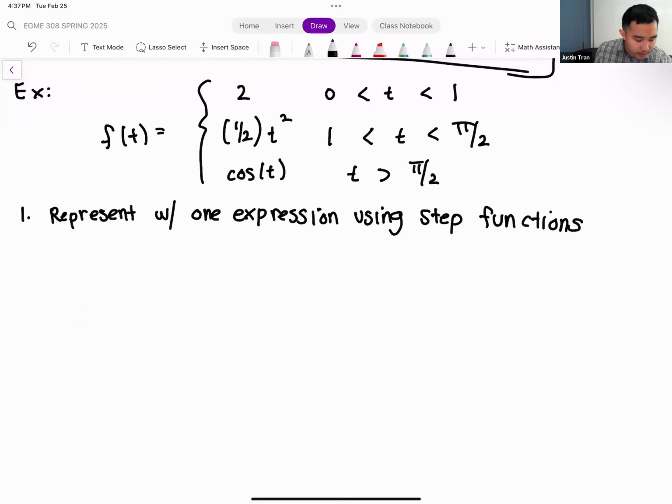So let's represent this entire expression using step functions. We have 3 parts here. We have 2, which is a simple constant value. This 2 is activated at t equal to 0 and then deactivated at t equal to 1. So it's going to be 2 multiplied by u of t minus u of t minus 1.